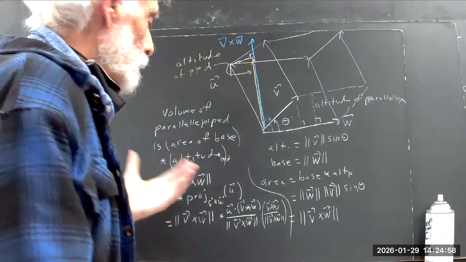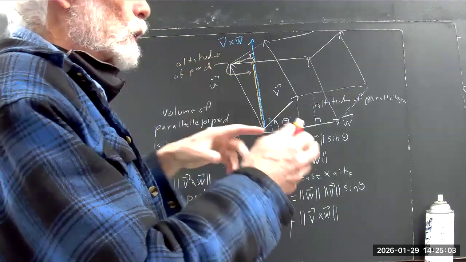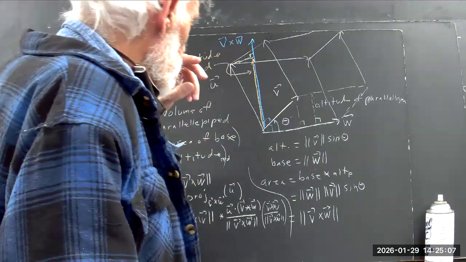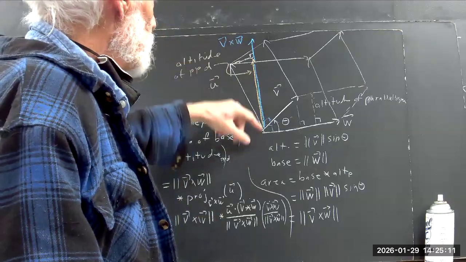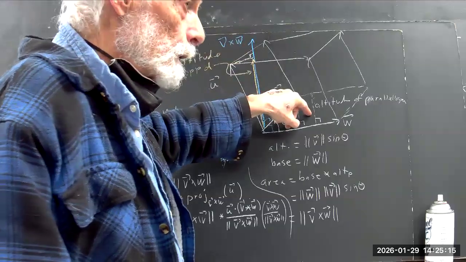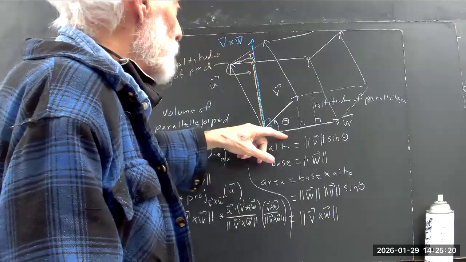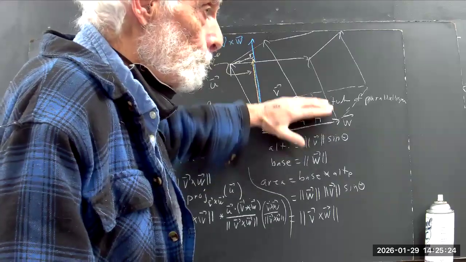So how do you see the altitude of the parallelepiped? Well, it depends on how you think this thing is oriented. Where are you looking at this thing from? If you're looking at it from the right angle, your v cross w vector might be here. Now remember, v cross w is perpendicular to v and w, therefore perpendicular to this parallelogram.